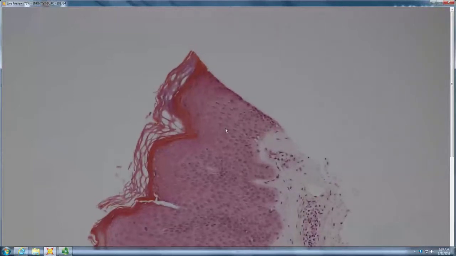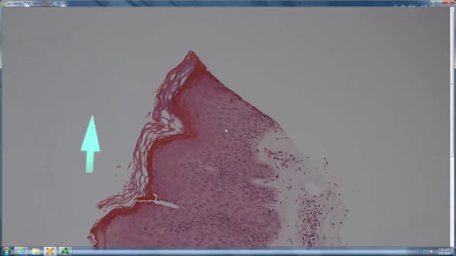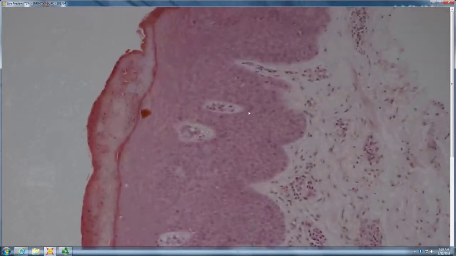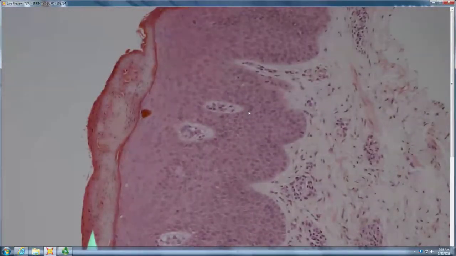So, tell me about the corneum right over here. Pretty basket weave, a little bit hyperkeratotic. Eosinophilic band above the granular layer. Yeah, so you have a basket weave, and below that a compact eosinophilic layer, which can be a clue to tinea. Exactly. And then you have parakeratosis, which would equal scale.